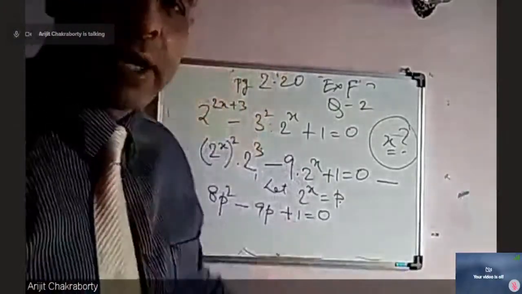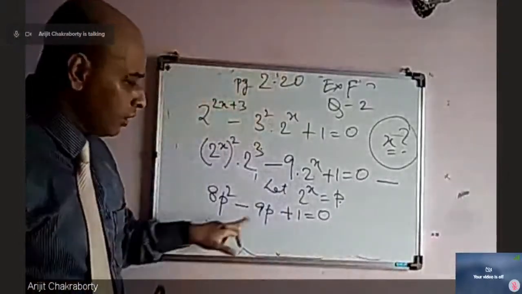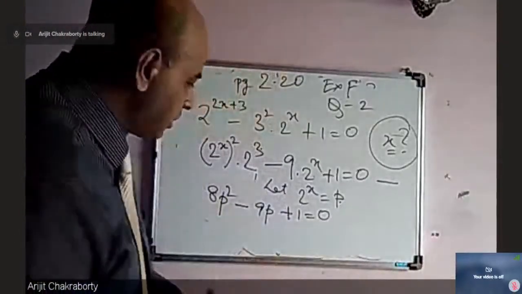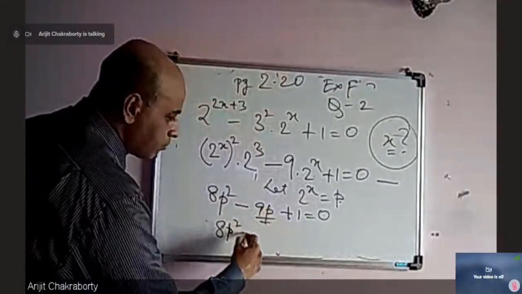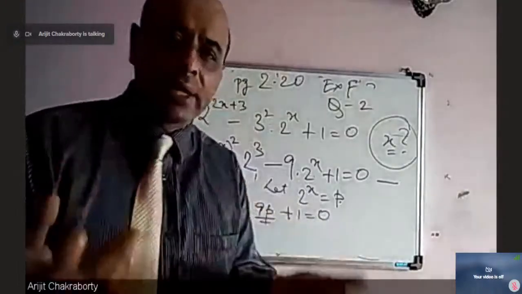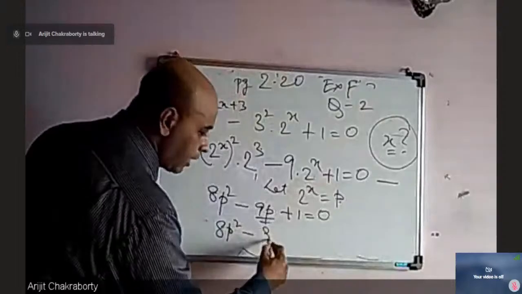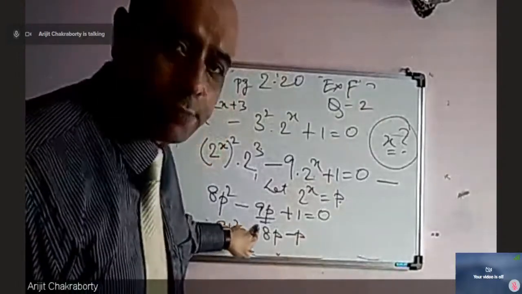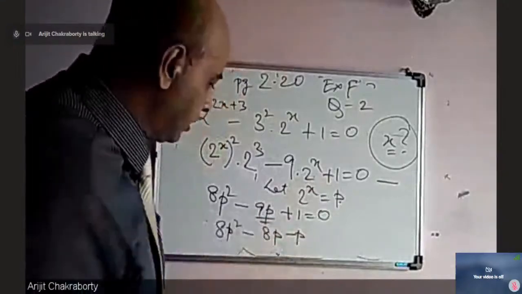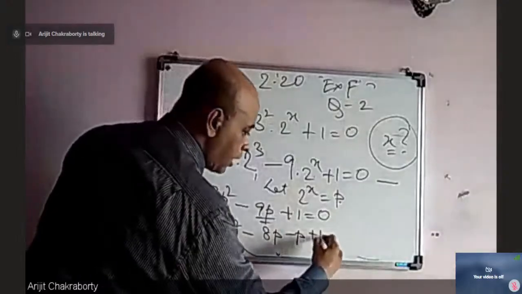Today also I am explaining once again so that you are absolutely clear. So we will split in this way. 8p square minus 9p, where 9 is 8 plus 1. So I will write 8p square minus 8p minus p. So minus 8p minus p is minus 9p. So 8p square minus 8p minus p plus 1 equal to 0.